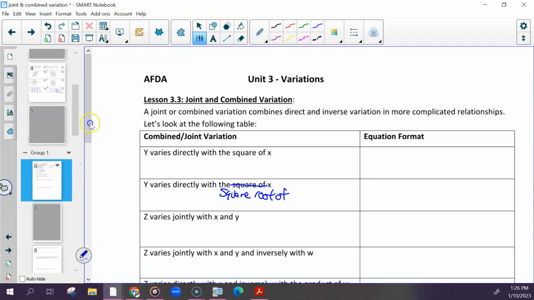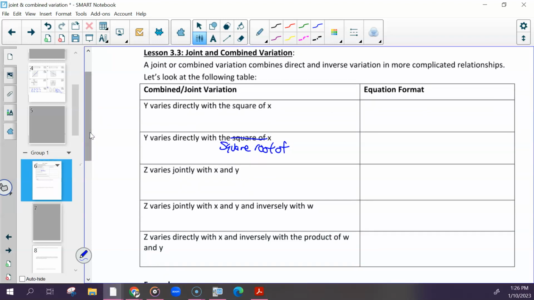So think about these very similar to a direct variation, but some of it might change. So y varies, that means y equals directly with, so we have to have our k constant in there somewhere. It will always be after your equals. And then the square of x. How would we write that part?